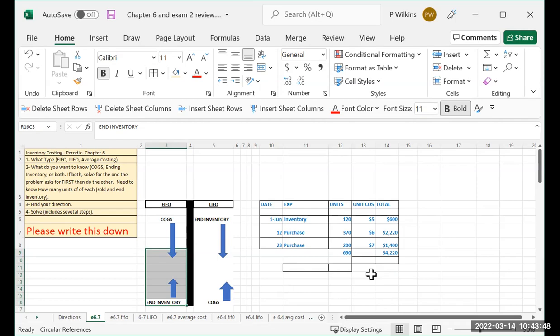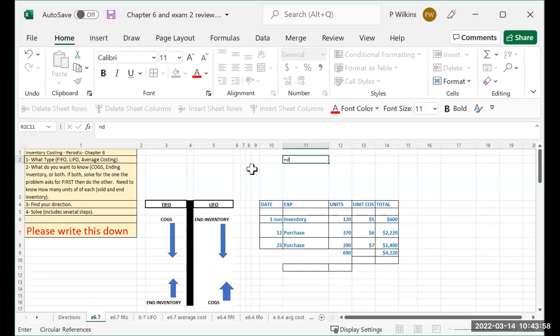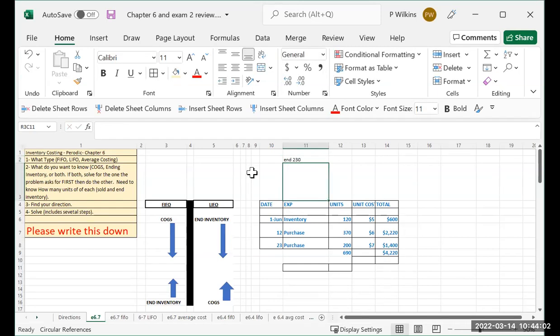Well, they actually have it listed on that page. On the date of June 30th, it said inventory 230. That was their ending inventory number. So we know the ending inventory was 230 units. That means we're going to go from the bottom up until we get to 230 units to get the cost of ending inventory.